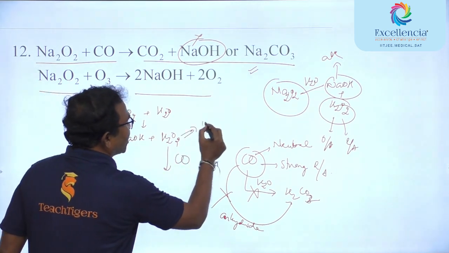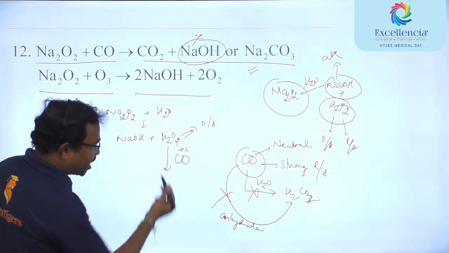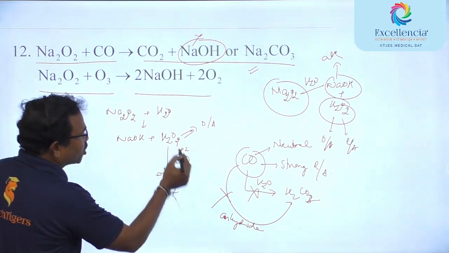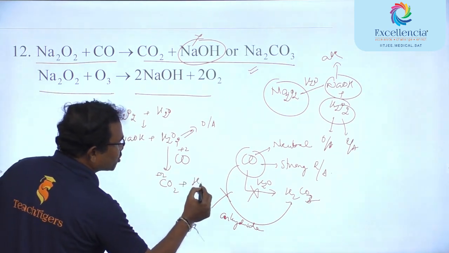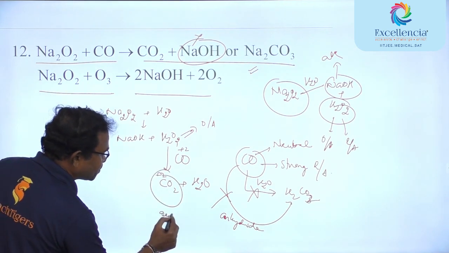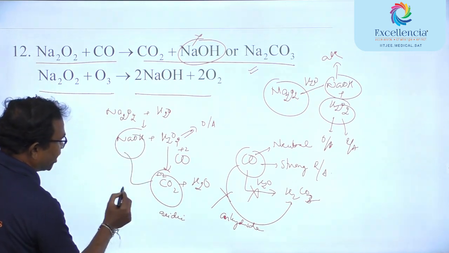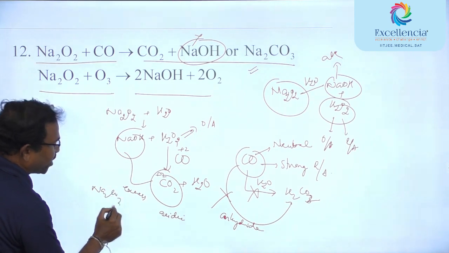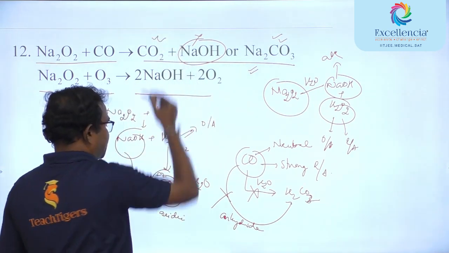Therefore, H2O2 is forced to act as the oxidizing agent, and carbon is in the +2 state. The stable state of carbon is +4. So H2O2 has to oxidize carbon monoxide to carbon dioxide, and it will definitely get reduced to water. Since this is acidic, and here we have basic, these two in excess should definitely give you sodium carbonate. That's how here you have sodium carbonate and carbon dioxide.